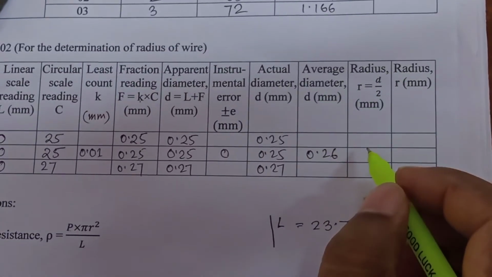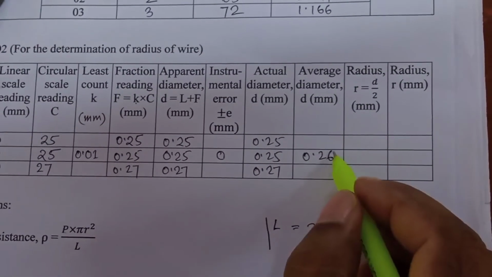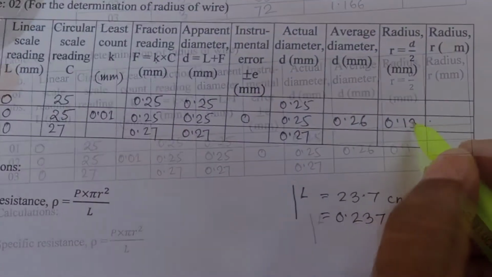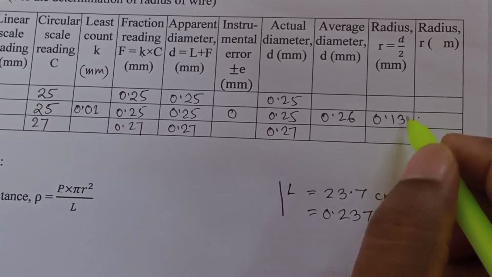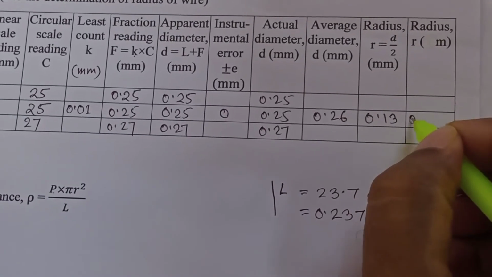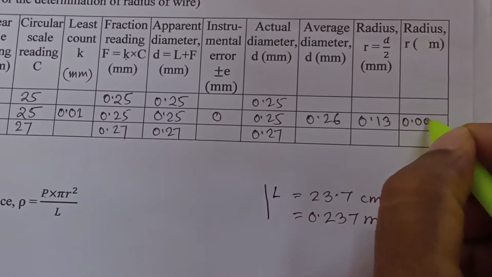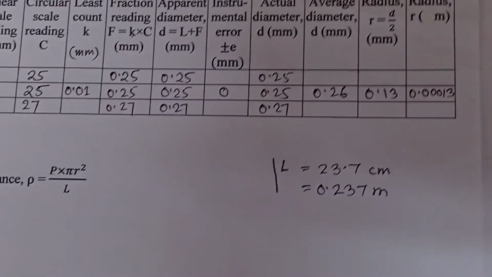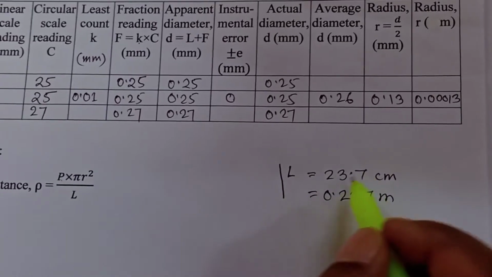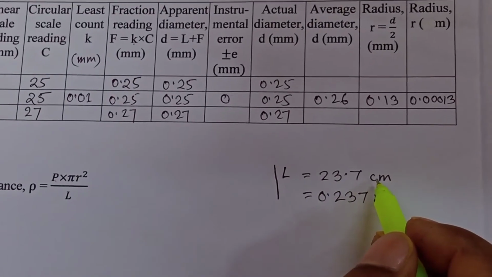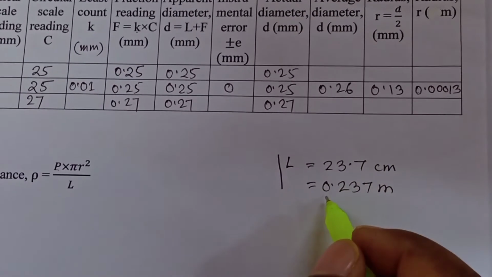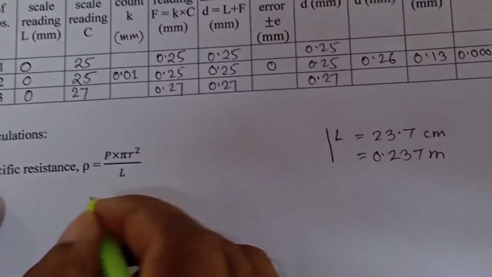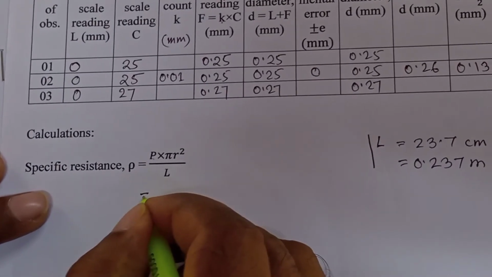So the radius of the wire will be, if we divide the diameter by 2, 0.13 millimeter. If we convert the value into meter, then it will be 0.00013 meter. Okay. We have already converted the length of the wire into meter: 0.237 meter.